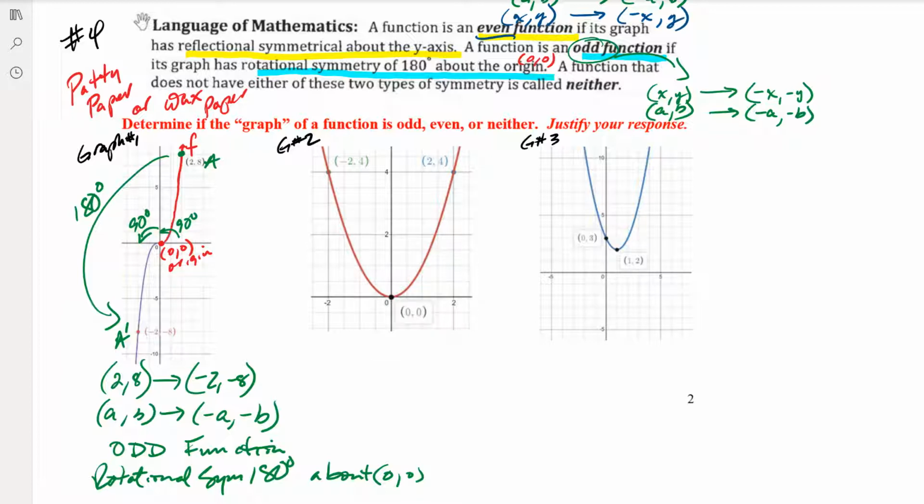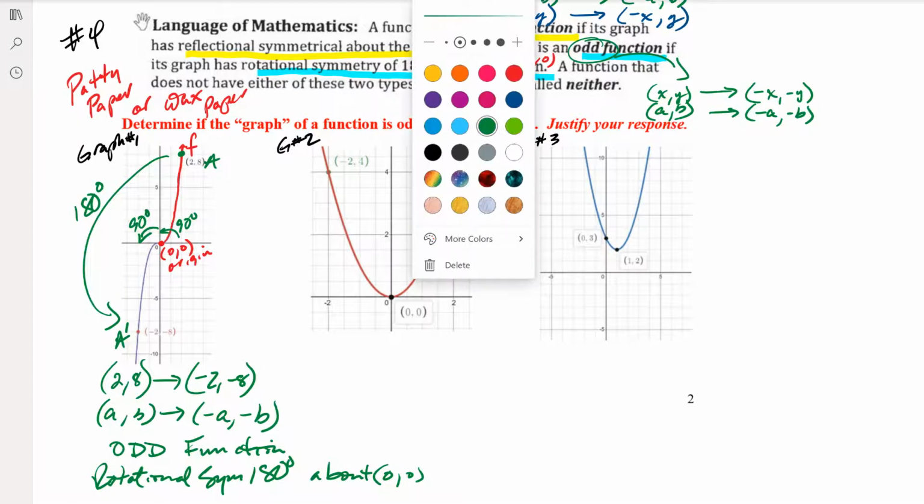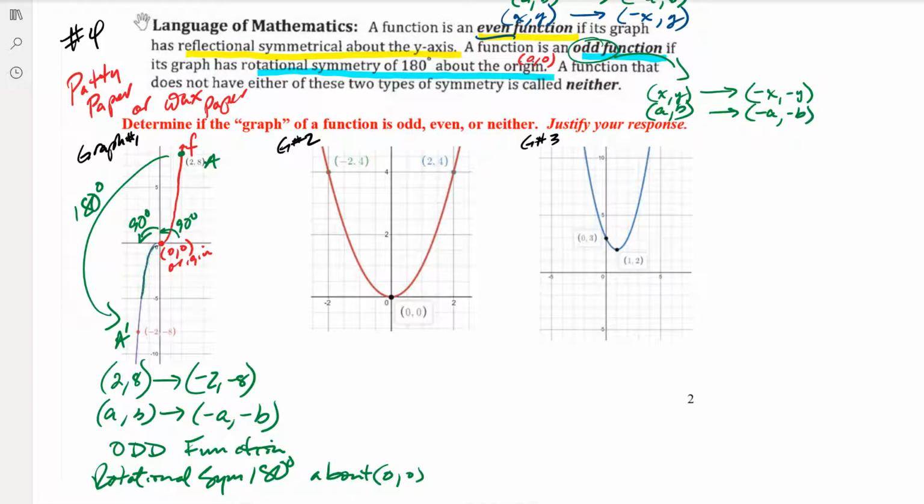The piece I traced in red will overlap this portion down here in green. Just put your pencil at the origin, rotate the paper, and it will overlap itself.